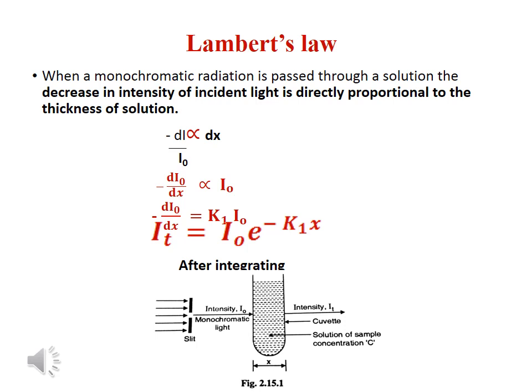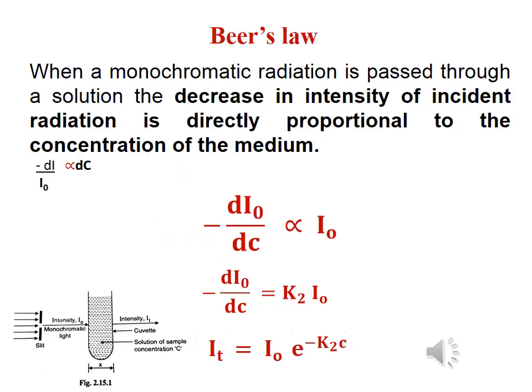So in short, the Lambert's law formula is IT is equal to I naught e raised to the power minus k1 x. Here k is the constant and x is the thickness of the solution.